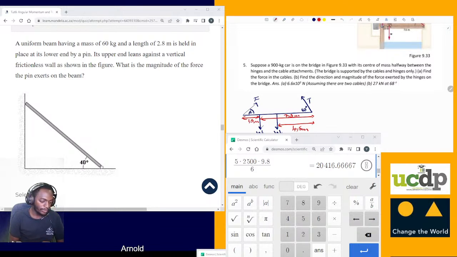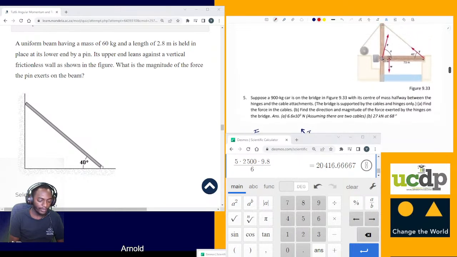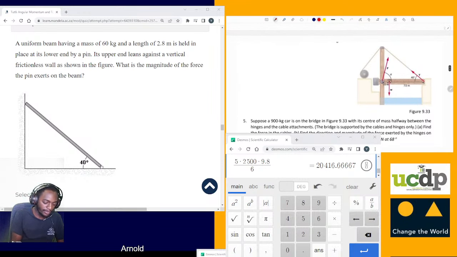Okay, so this is the sketch that we have from this diagram. So this is force F, this is our tension, this is the weight of the car, which is at the center, this is the weight of the bridge.